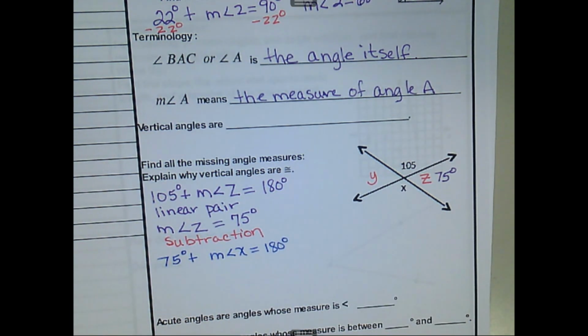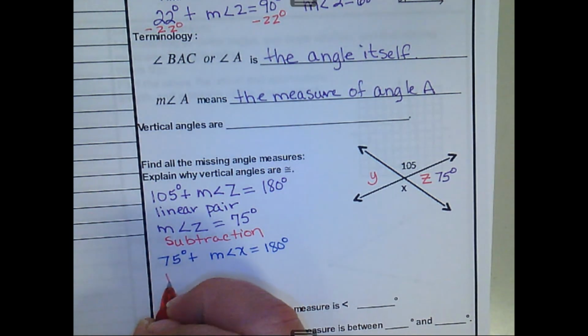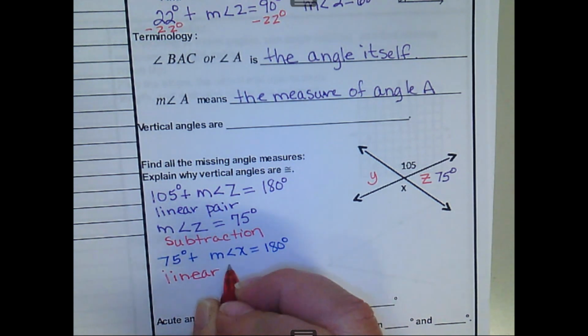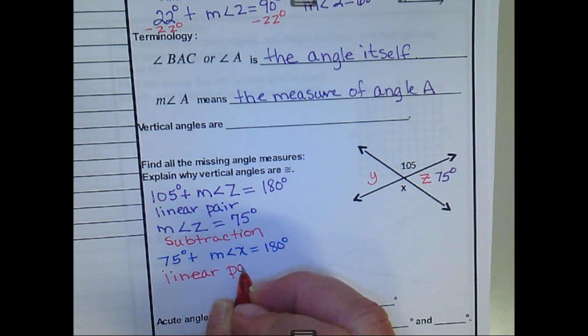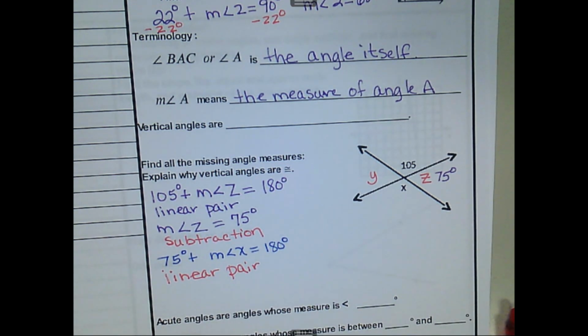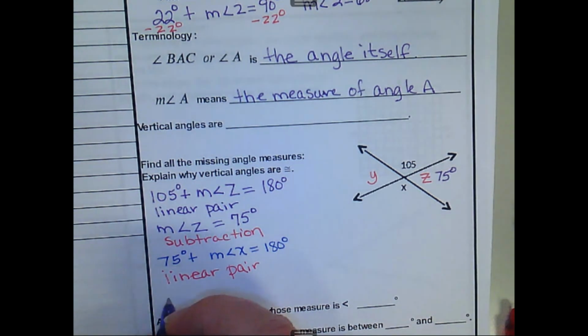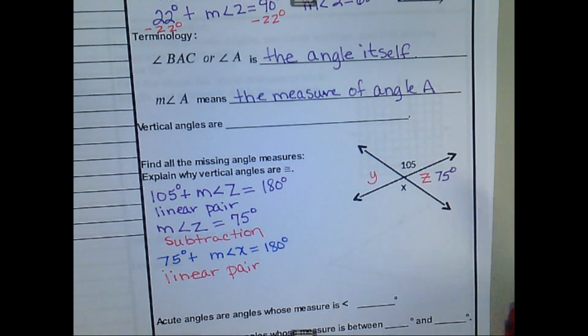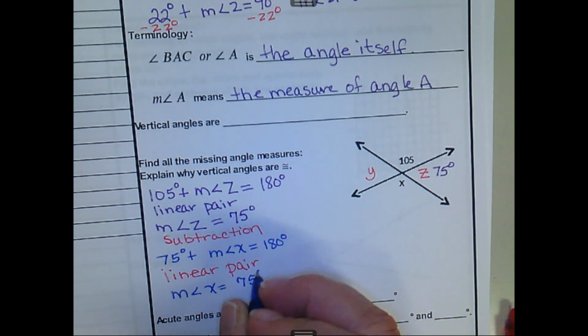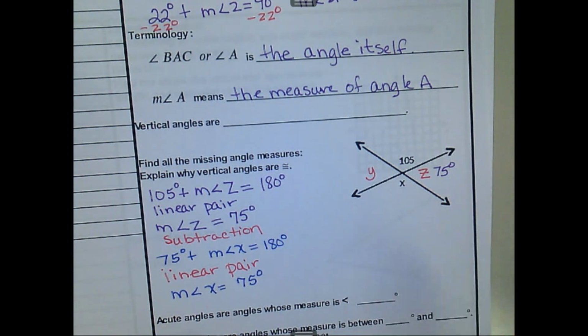Once again, they're a linear pair. They're two angles that form a line, linear pair. Okay, I'm going to subtract 75 from both sides. So the measure of angle X is equal to 75 degrees. And that is by subtraction.